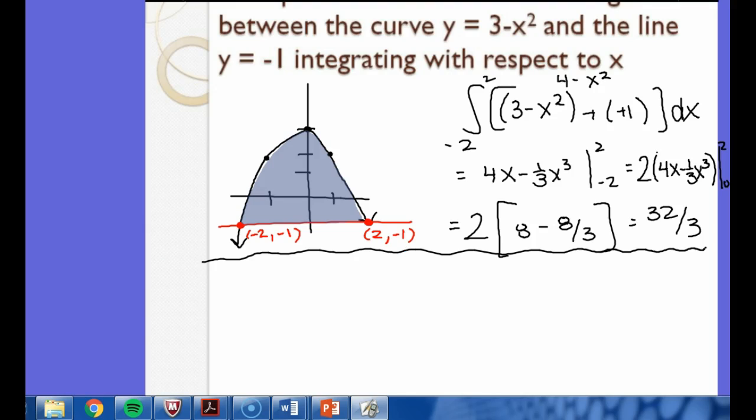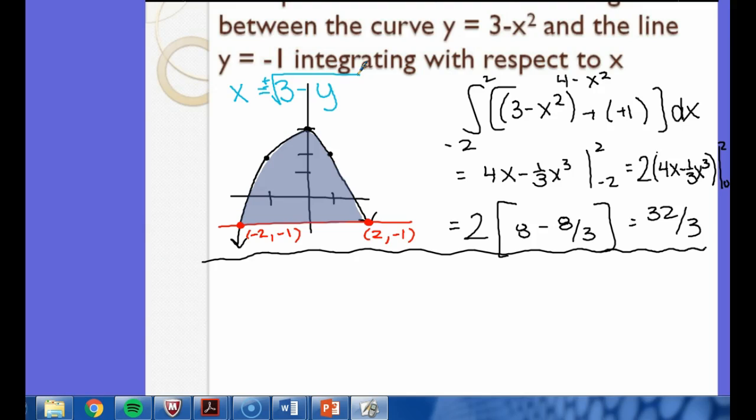Think about if you transformed this equation to be in terms of x, it would become x equals plus or minus the square root of 3 minus y. So you'd flip your x's and your y's, and then you'd have to take the square root. The minute you take the square root, you get the positive and the negative. So do you see how this would be the positive square root and the negative square root if I were to integrate with respect to y's?